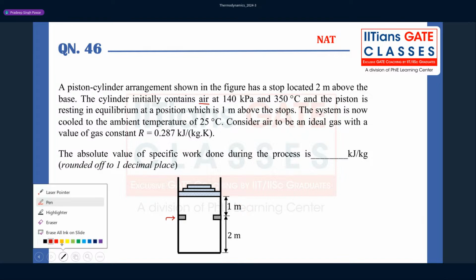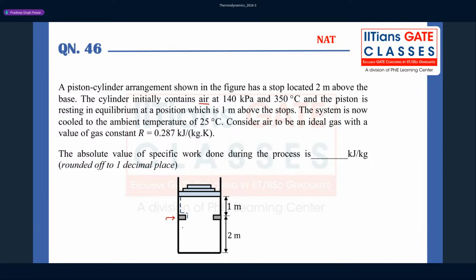So we utilize a few things here. Let's draw the system first, an important concept in thermodynamics. What is the system? First we draw the system boundary. I am drawing right now the system boundary that I have.